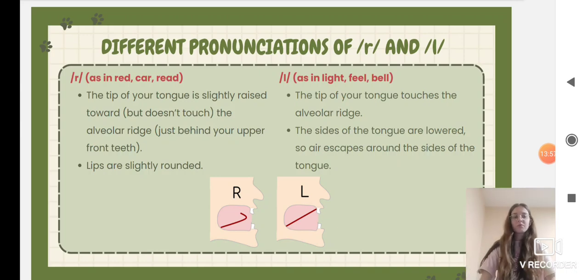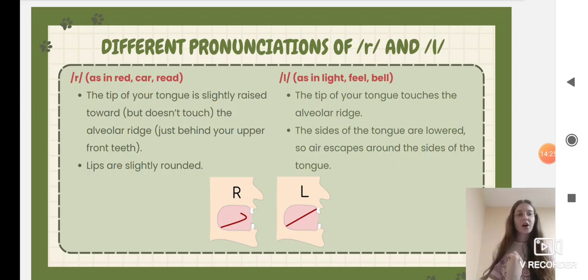These are also very complicated for non-native speakers, but R you can hear clearly in red, car, and read, and L you can also clearly notice in light, feel, bowl. Yes, they're actually very clear, but you can see in this picture how our tongue should be in position.